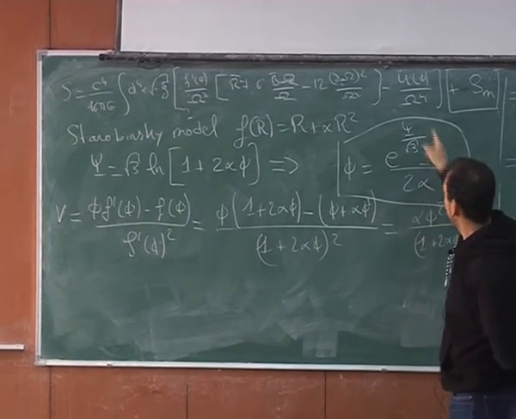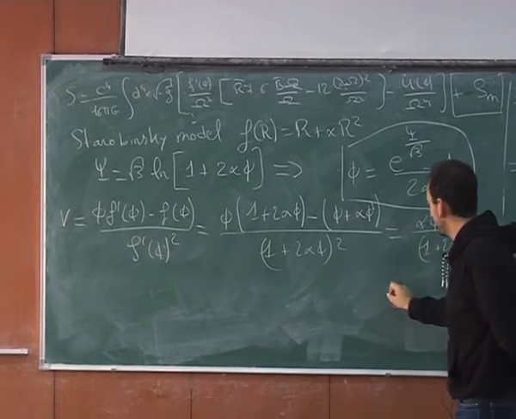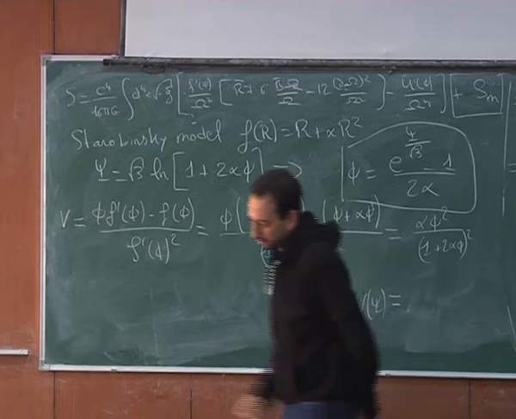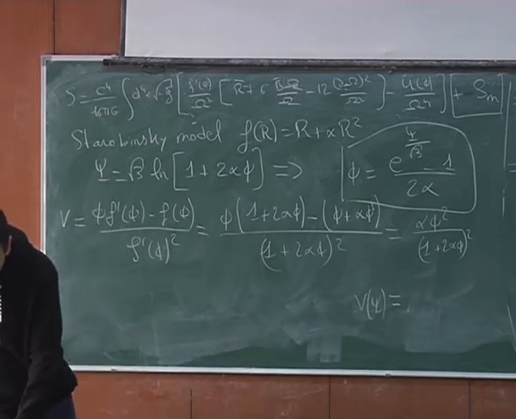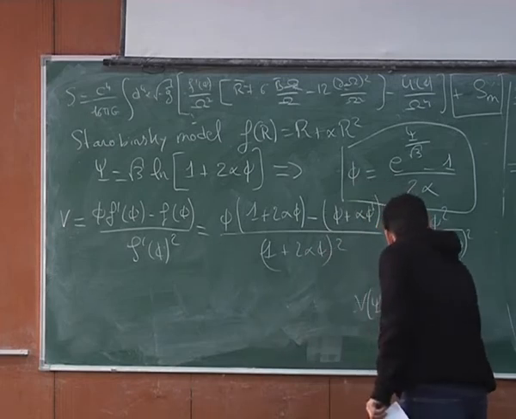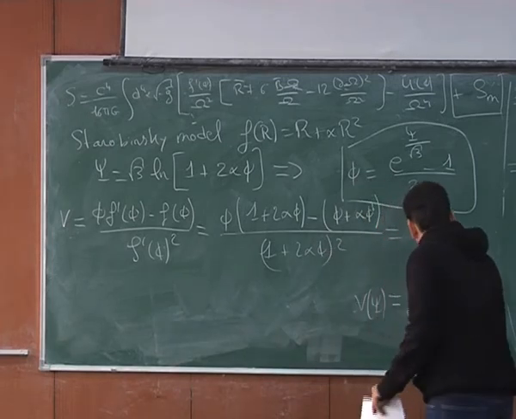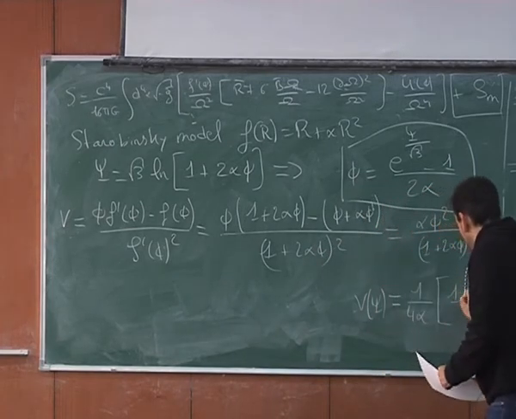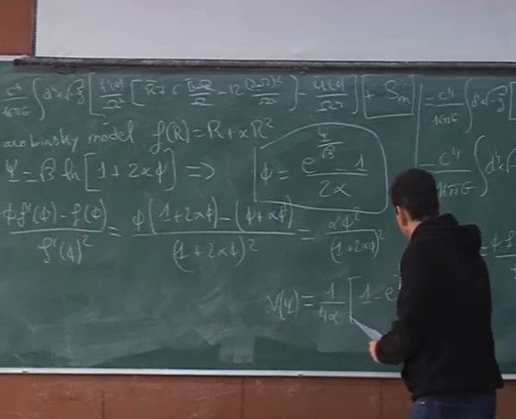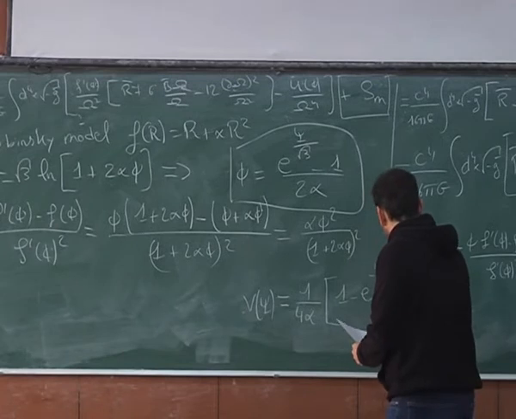And I replace phi by this, and after simplification you get the potential as a function of psi: 1 over 4 alpha, times (1 minus exponential of minus psi divided by square root of 3) squared.